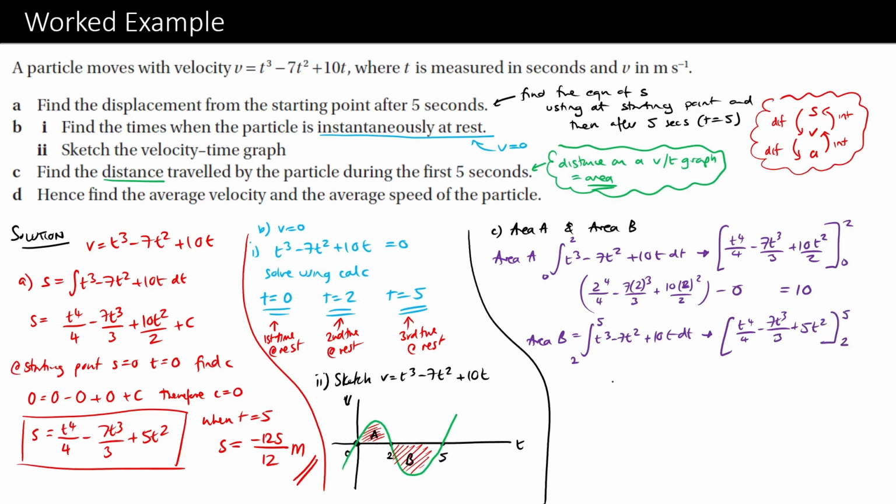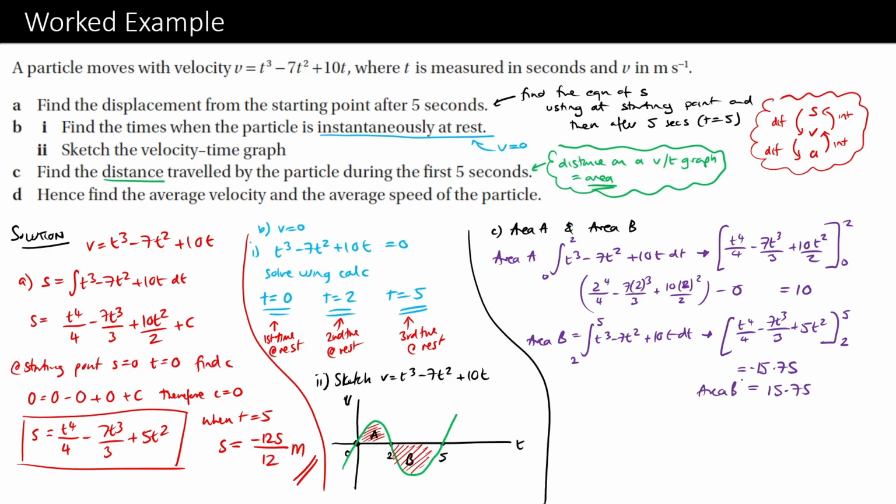Again, substituting those numbers in, I'm going to be pretty lazy here, and I'll type this into my calculator just to check. I should get an answer of, well, it's actually negative 15.75, so the answer is 15.75 in terms of the area.